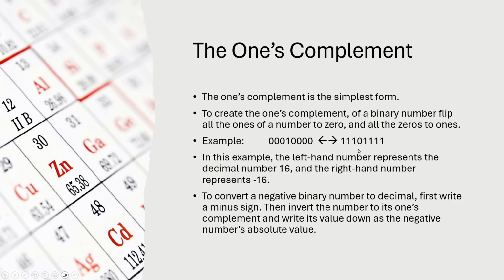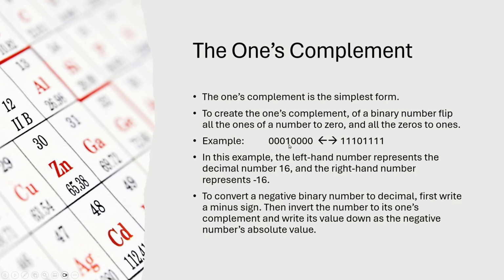And you can do it the other direction. If you have the number 1110 1111, which is a negative number in one's complement, that would flip to 0001 0000. In this example, the left-hand number represents the decimal number 16, and the right-hand number represents the number negative 16.